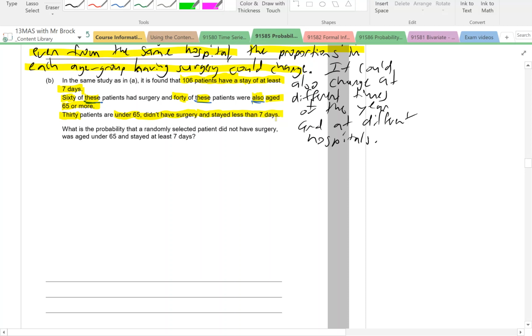What is the probability that a randomly selected patient did not have surgery, was aged under 65, and stayed at least 7 days? So that's our goal, isn't it?